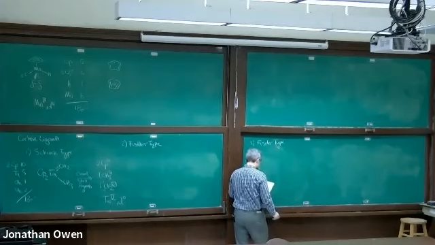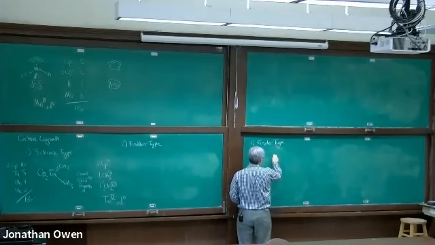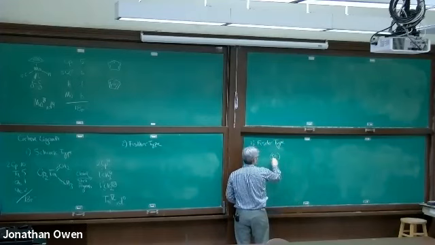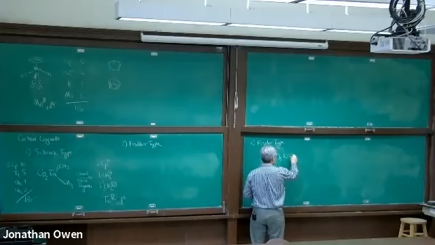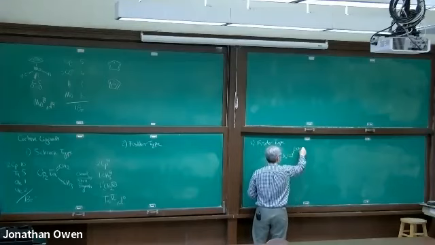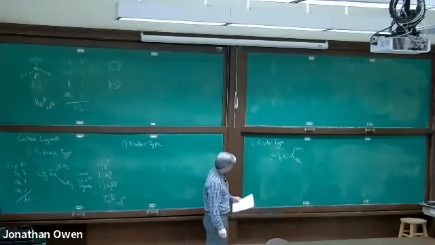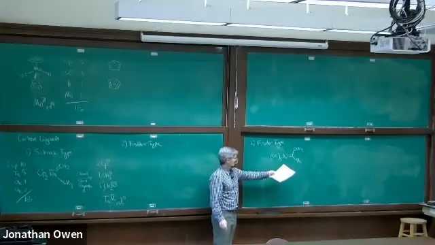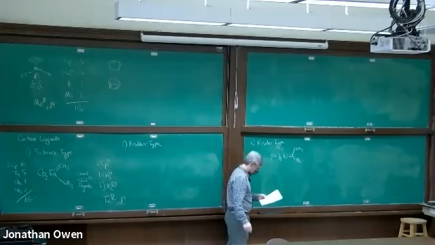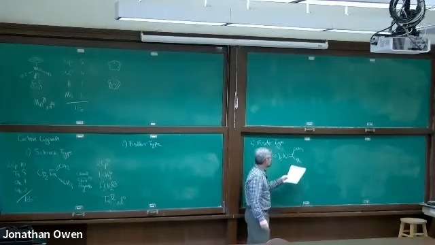Fischer type. So the classic example is this one here. Pentacarbonyl tungsten carbene with a methoxy group.